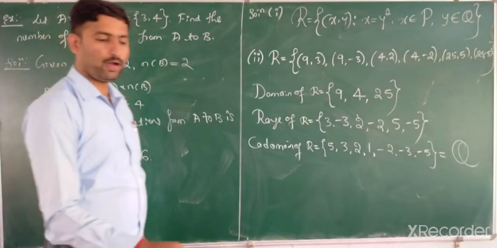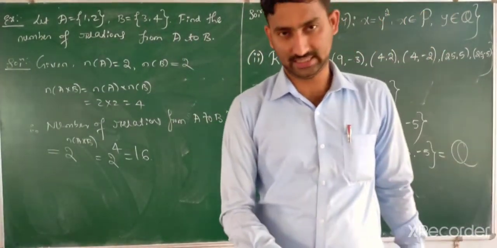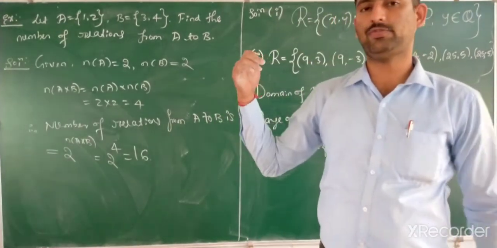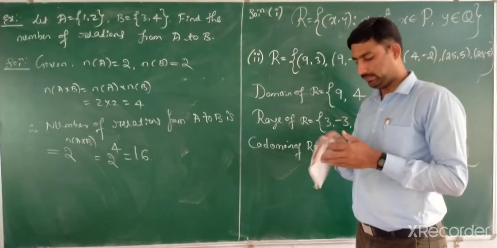How many relations can you draw? You can write 16 relations, which are nothing but subsets. Number of subsets from A to B is the same as number of relations from A to B.